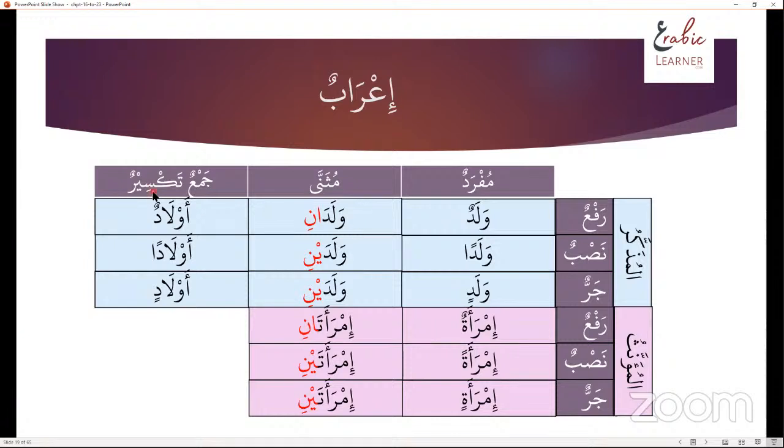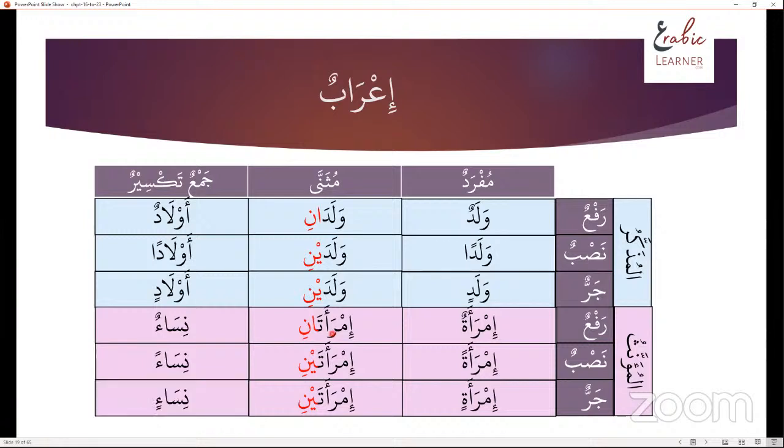Any guess? Jama taksir? You can answer it in chat. What will be the plural for a woman? Imra'atun. What will be the jama? Yes. Nisa'un, nisa'an, nisa'in.